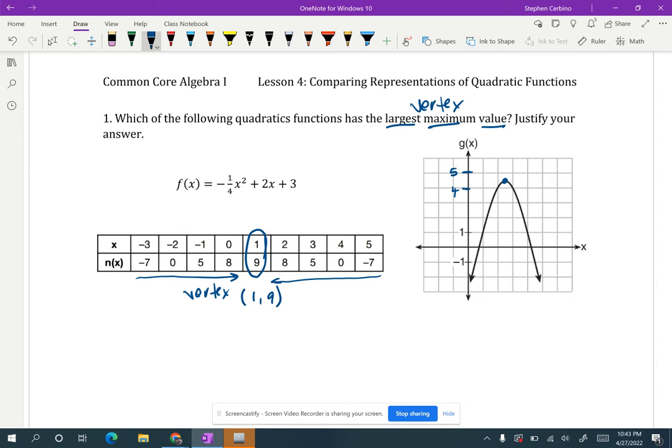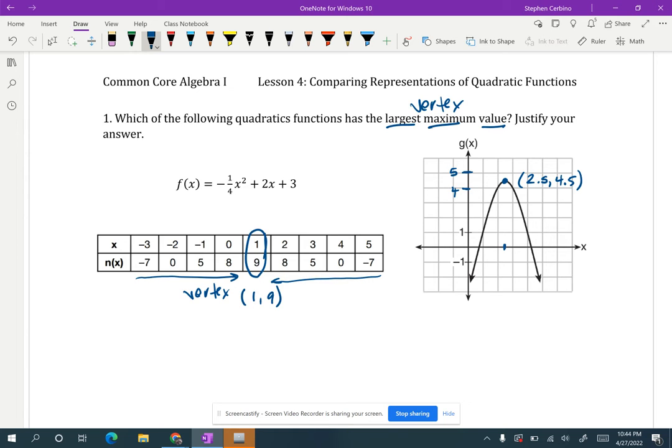So it looks like this vertex is around (1, 4 and a half). I don't know for sure, but that's what it looks like, so we'll just take an educated guess there. So far, n of x has the largest y value, or the largest maximum value.